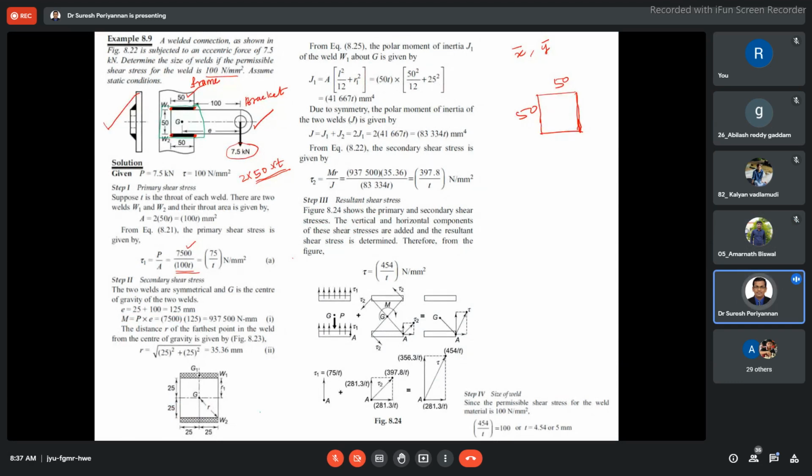You have to tell immediately the eccentric distance and where the center of gravity is. Straight away you can tell that the eccentric distance is 125. CG, center of gravity.